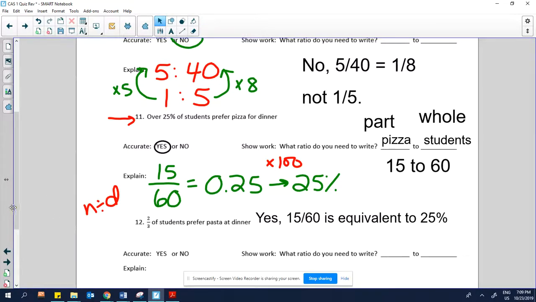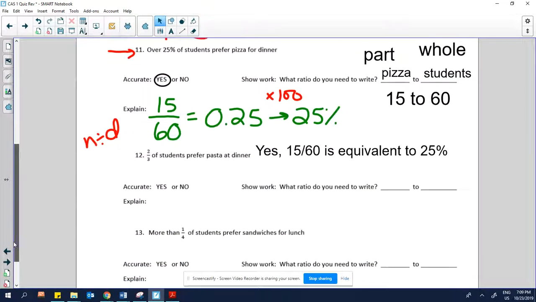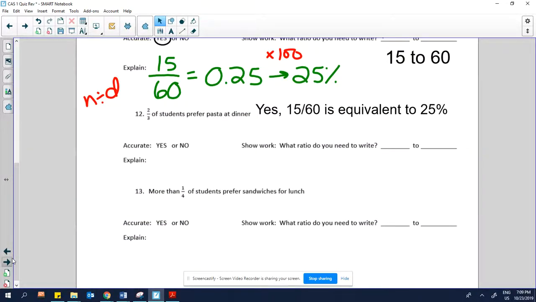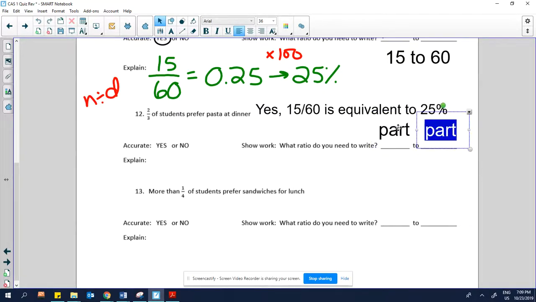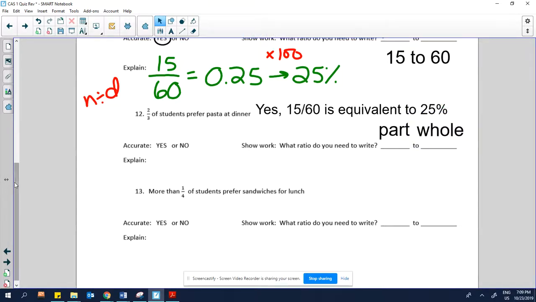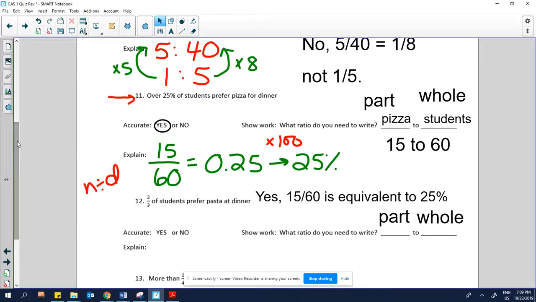All right, we've got a fraction. 2/3 of students prefer pasta at dinner. Part to part or part to whole? 2/3 of all the students. Part to whole. So we want pasta to everybody.